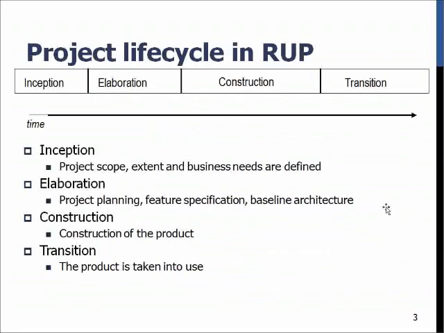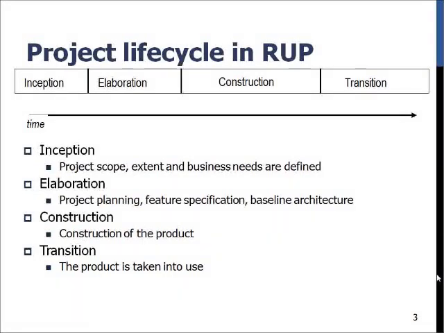So, in the entire project life cycle, as with all the other project phases, inception, elaboration, and construction, we get the full product, or one proposal for the full product, in the transition phase. We have all the features and all the requirements implemented. So in the transition phase, the idea is simply to take the product into use.